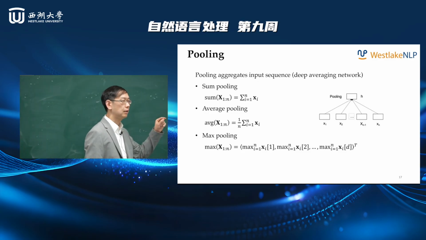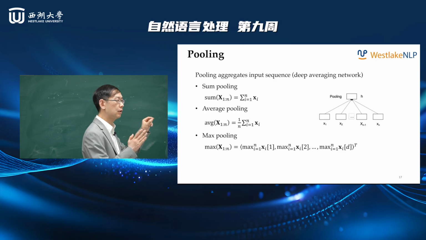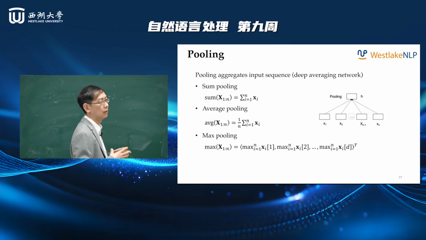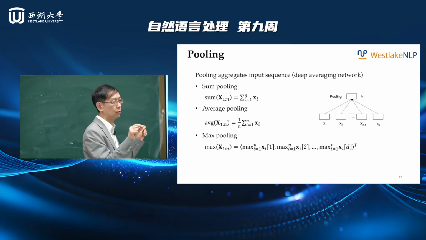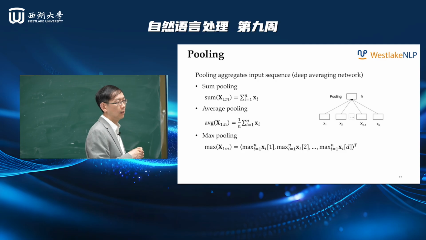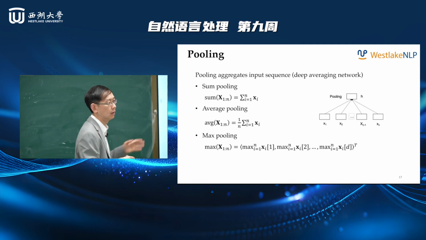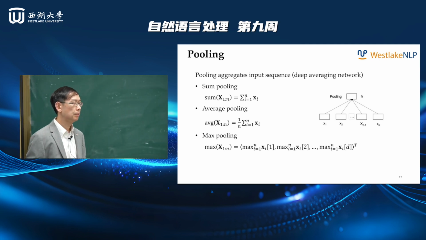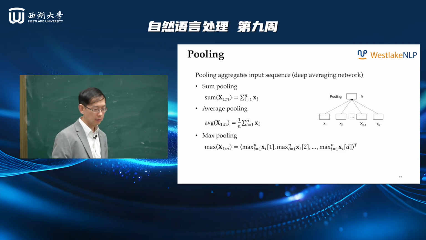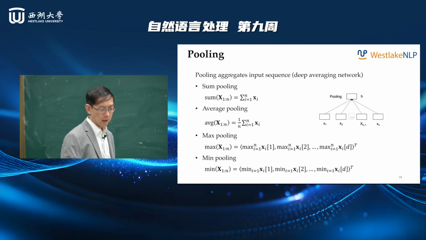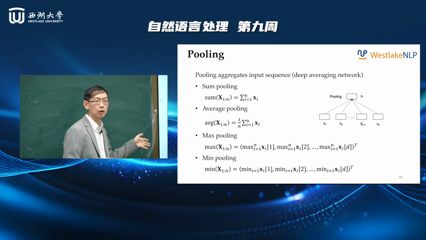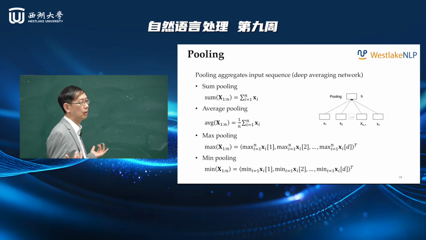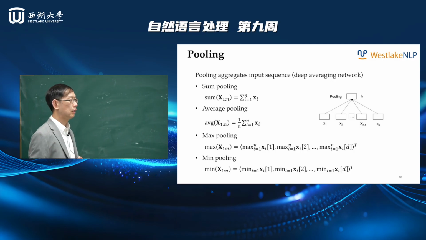And for the first bit, you look at the first bit among this sequence of inputs, and you select the highest value and put it here. Second bit, you look at all the input embeddings, the second bit, you take the maximum here, as written in the equation. So you repeat that for every element, and you get the result. The reverse of maximum pooling is minimum pooling, right? So these are 4 common techniques to assemble a sequence of vectors into one.